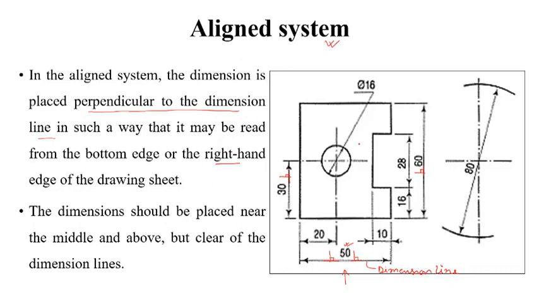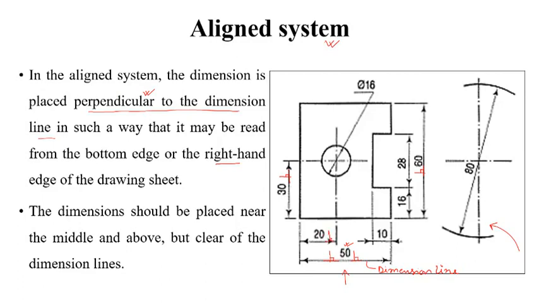That means when we place the dimension figures from the right hand side of the drawing sheet and when we read from there, then the dimensions can be easily read from the figure. So these are the three conditions for the aligned system. First is that the dimensions should be perpendicular to the dimension line. Every dimension we put should always be perpendicular to the dimension line.